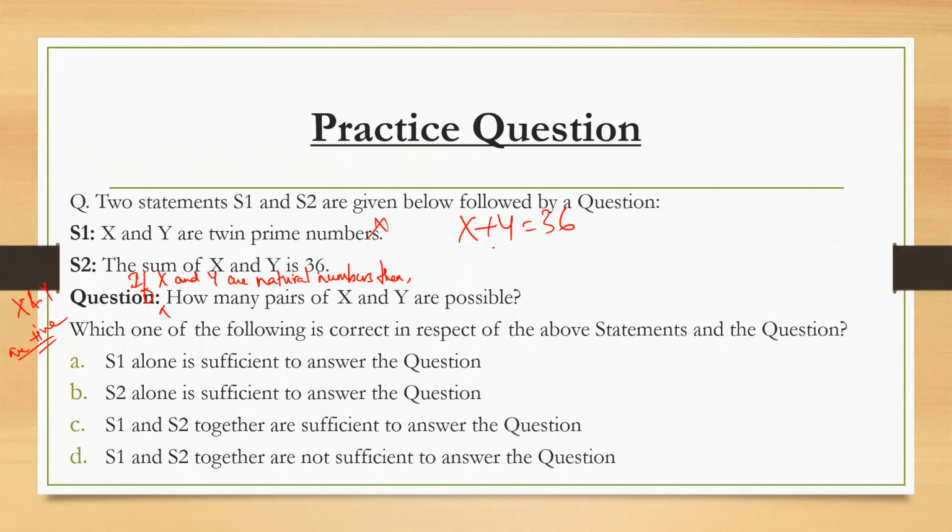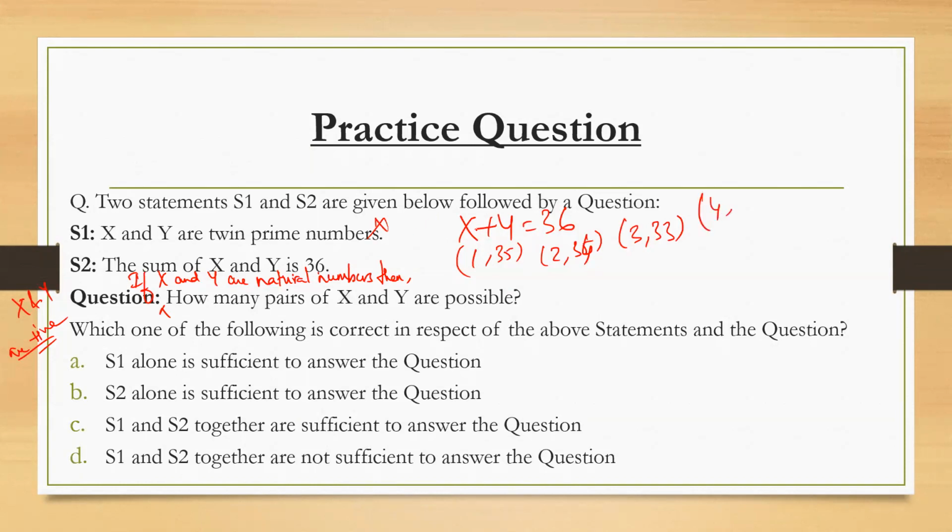So what are the possible values? Is it many possibilities, Shivranjani?